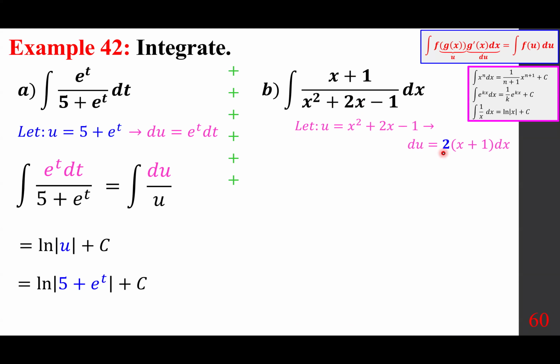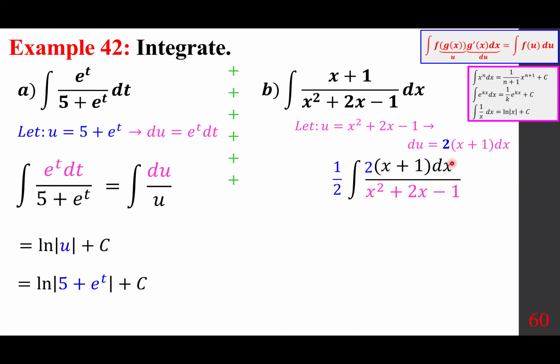The reason I'm factoring this is because I want to show you that the denominator is u, the numerator is not du. Instead, if I put the 1/2 out, the product is 1 and I'm fine. Or you can say this is half of du, either way.